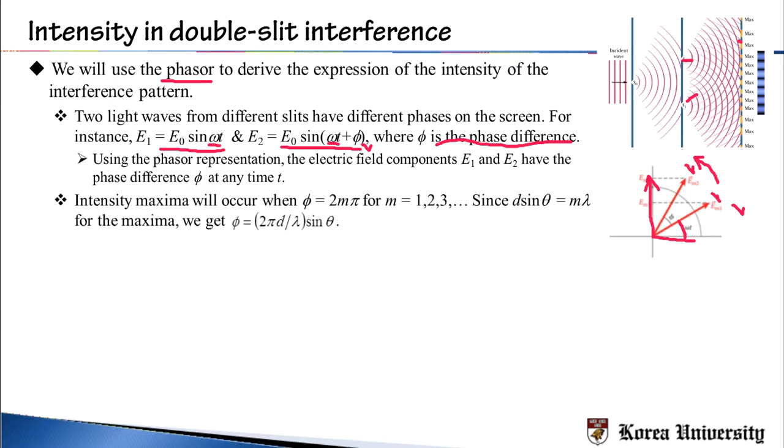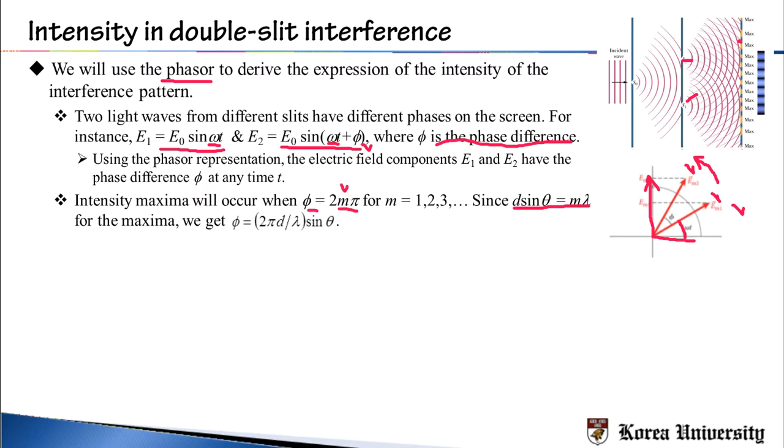One thing we have to check is that in the previous slide we learned that for the intensity maxima, d sine theta is equal to m lambda, and at the same time one wavelength corresponds to 2 pi in angle or phase, right? So for intensity maxima, the path difference was an integer multiple of the wavelengths, so the phase difference will be an integer multiple of 2 pi, right?